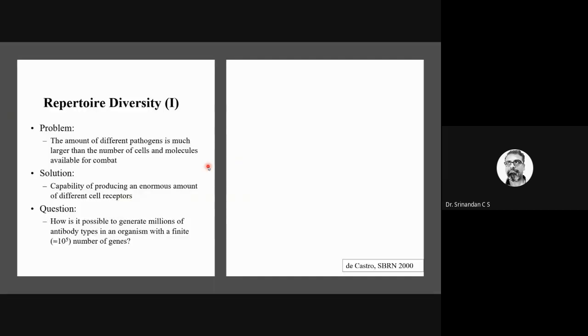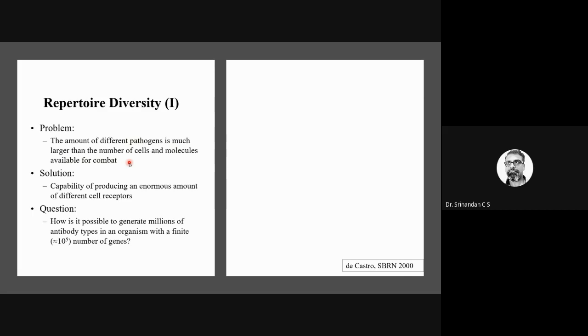Now I'll talk in a language that can be understood even by computer engineers: repertoire diversity. Here the diversity is enormous. The problem, biologically as well as for computers, is that the number of different viruses or pathogens is larger than the number of cells and molecules available.